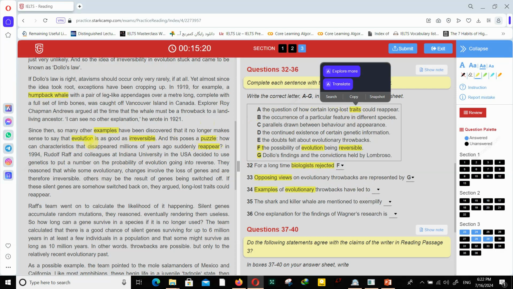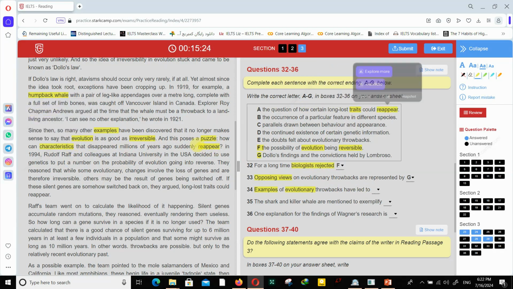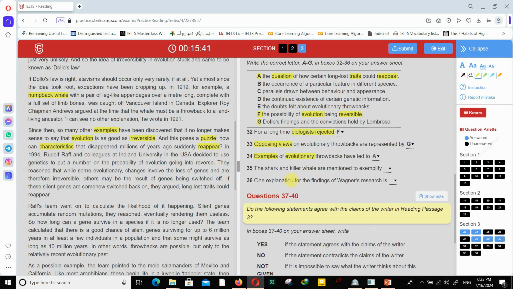Traits means characteristics. Reappear, here reappear, okay? And question means puzzle. These are the corresponding vocabularies. So the answer here is actually option A. And I'm going to highlight this one to not look at it again.